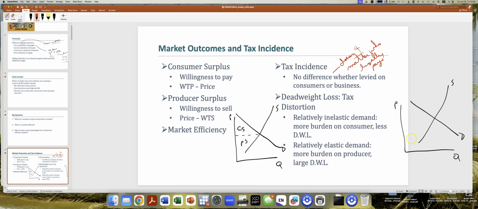What that tells me is that I need to shift my supply curve to the left by a vertical distance of $1, because that's the amount of my tax.